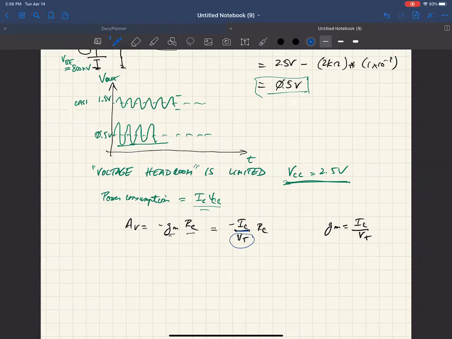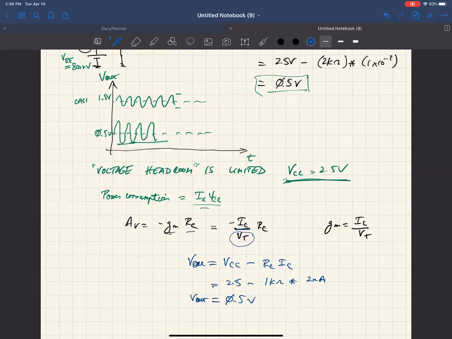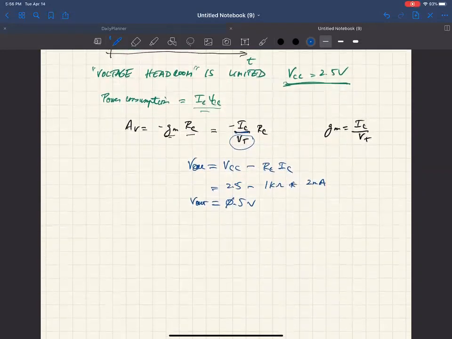And if you double I sub C, you still end up having a voltage headroom problem because V out is VCC minus R sub C times I sub C. And this is 2.5 minus R sub C kept at 1 k ohm, but I sub C doubled to 2 milliamp, and it's the same problem, which is that V out goes to 0.5 volts as your operating point, and that basically takes Q1 into saturation.